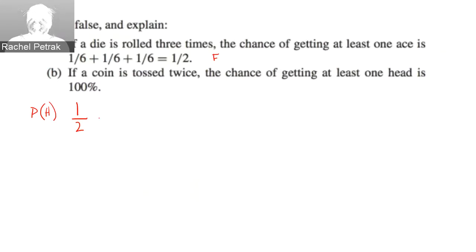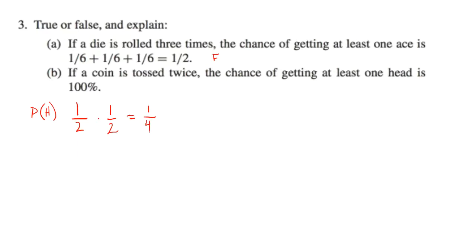So the chance of getting heads on both of your 2 tosses is 1 out of 2 times 1 out of 2, or 1 out of 4.